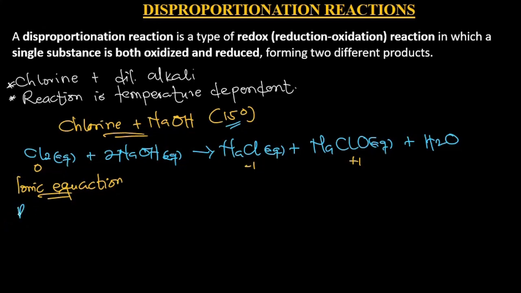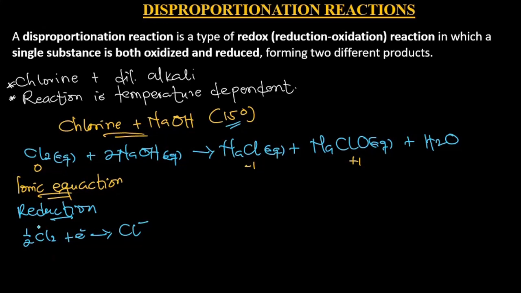Now for the reduction, we have chlorine. So let's say half mole of the chlorine gas gaining an electron and forming a chloride, Cl minus.